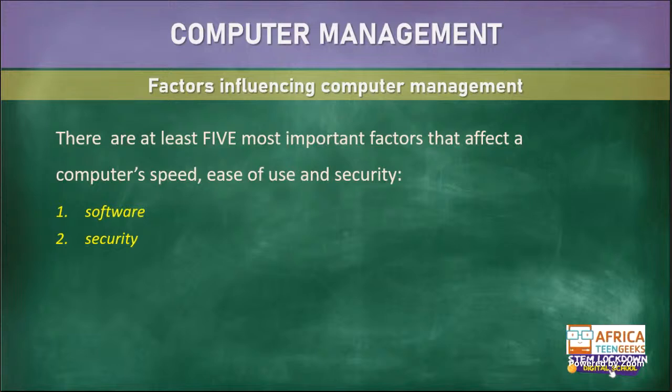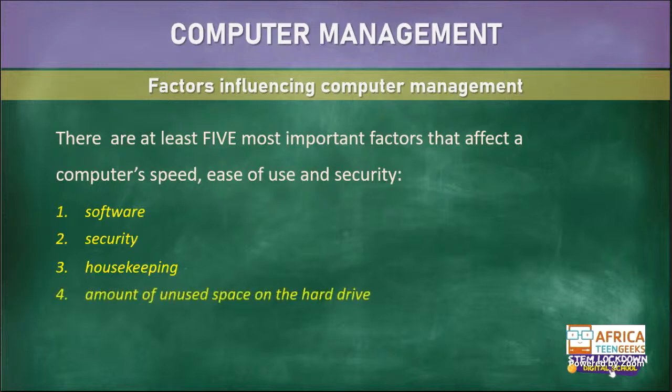How does security affect, that is in terms of computing? What security measures have to be taken? How do you secure your computer so that it performs to the maximum? Then number 3, housekeeping. How do you take care of the data information that is on your computer, including applications, so that your computer can perform to the maximum?